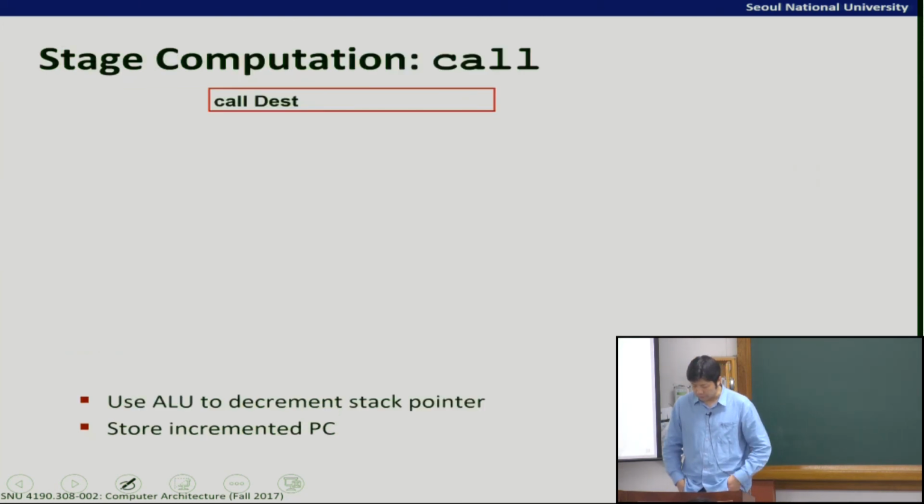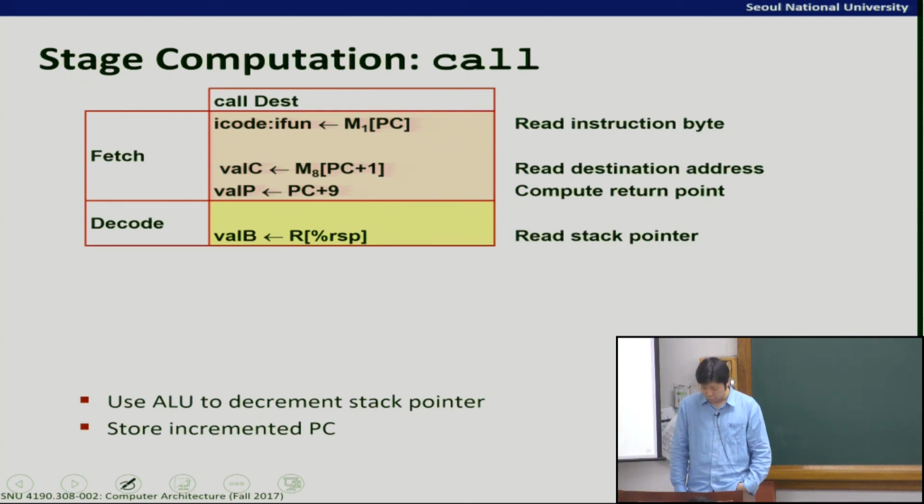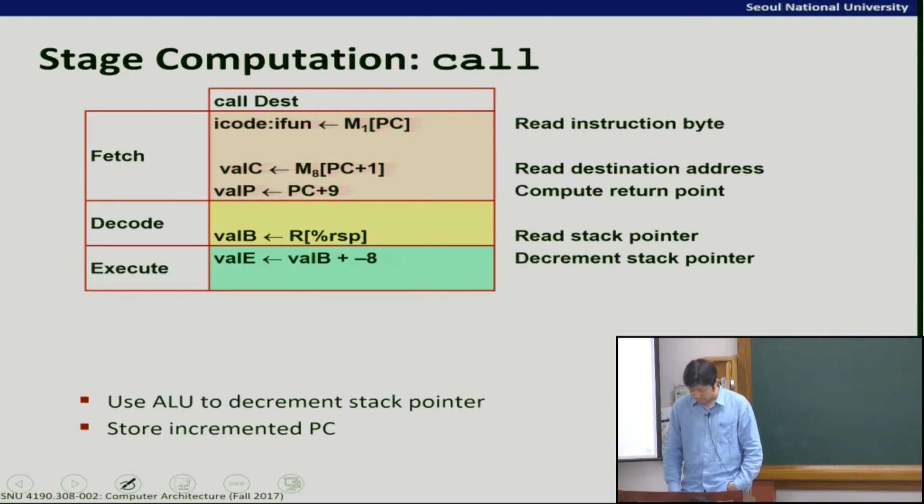So here is the stage computation breakdown. You start from fetch stage. You read this instruction byte and extract the destination address, and also compute the return address, which is the next instruction. PC plus 9 is the next instruction, valP. In decode stage, you read the stack pointer, and in execute stage, you decrement the stack pointer by 8 for pushing the return address.